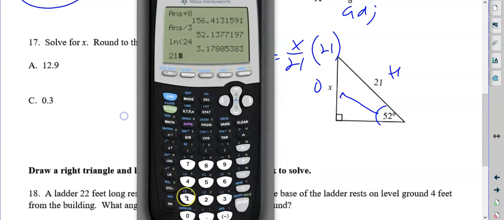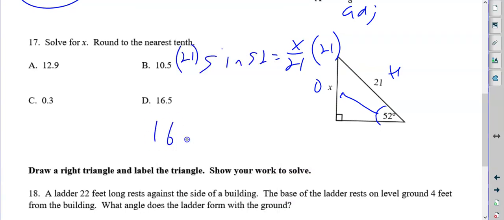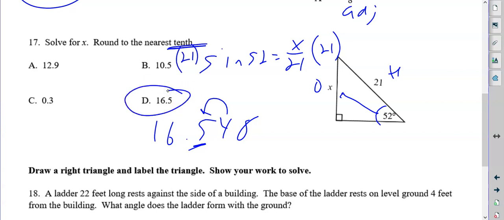I do 21 times sine of 52. And I get 16.548. Where does it ask me to round? The tenth spot. That's right here. I look at my neighbor. It tells me to round down, which actually means stay the same, 16.5.